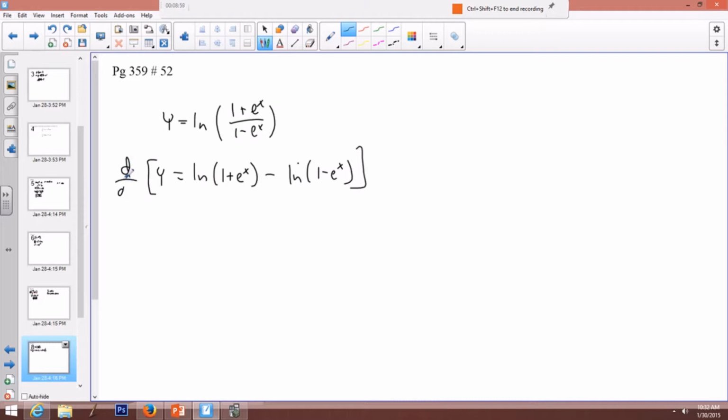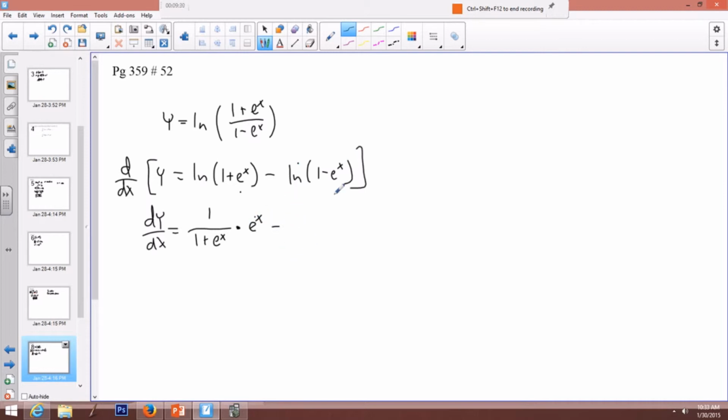And so I'm deriving with respect to x. So dy over dx is going to be 1 over the inside expression, 1 plus e to the x, times the derivative of what's on the inside, which is 1 plus e to the x, and so the derivative of a constant is just 0. And then the derivative of e to the x is e to the x. And then from that, I'm going to subtract.